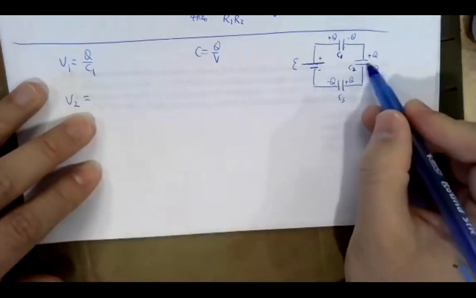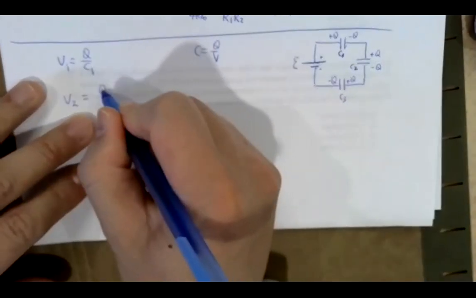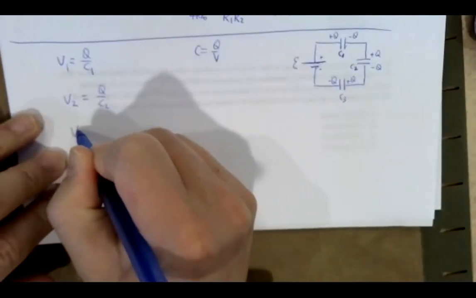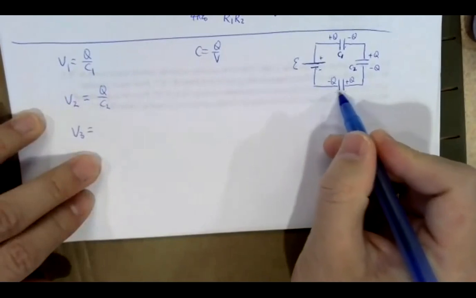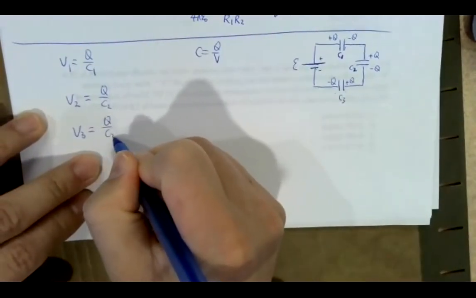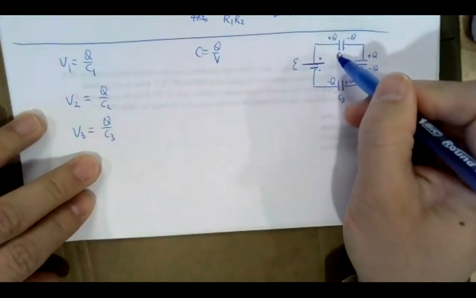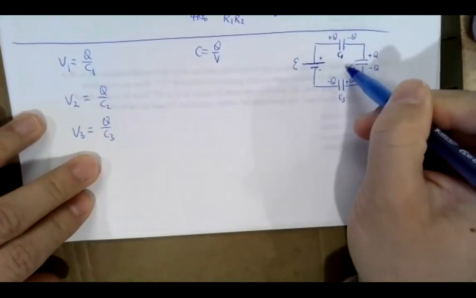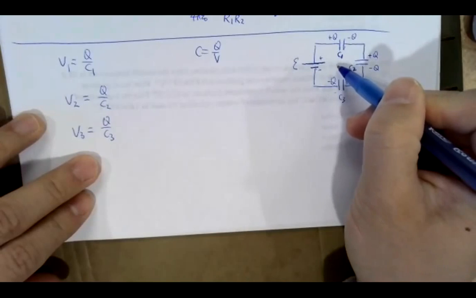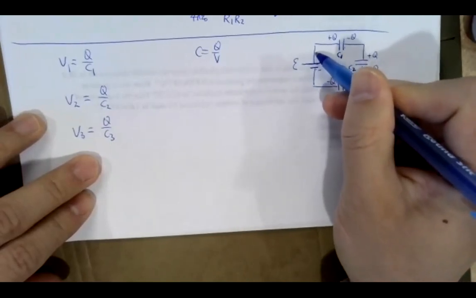The potential difference across the second capacitor should be equal to Q over C2. The potential difference across the third capacitor should be equal to Q over C3. And you can see the potential differences across these three capacitors add up to the potential provided by the battery.